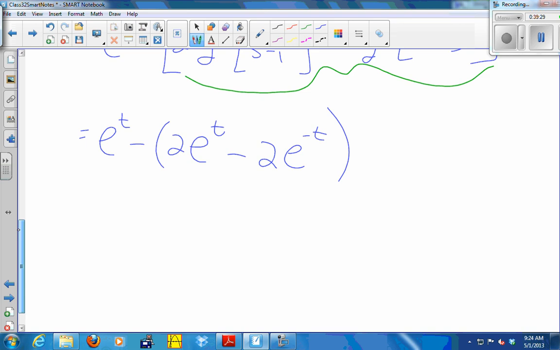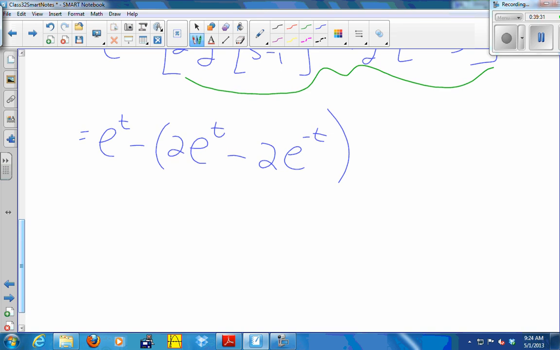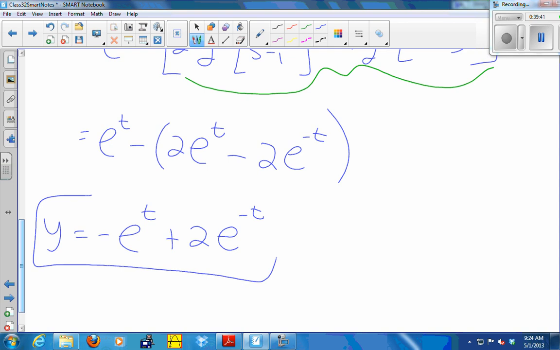Distribute my negative and combine like terms, and I have e to the t minus 2e to the t is negative e to the t, plus 2e to the minus t. That's the function y of t that solves our differential equation and our initial value problem.